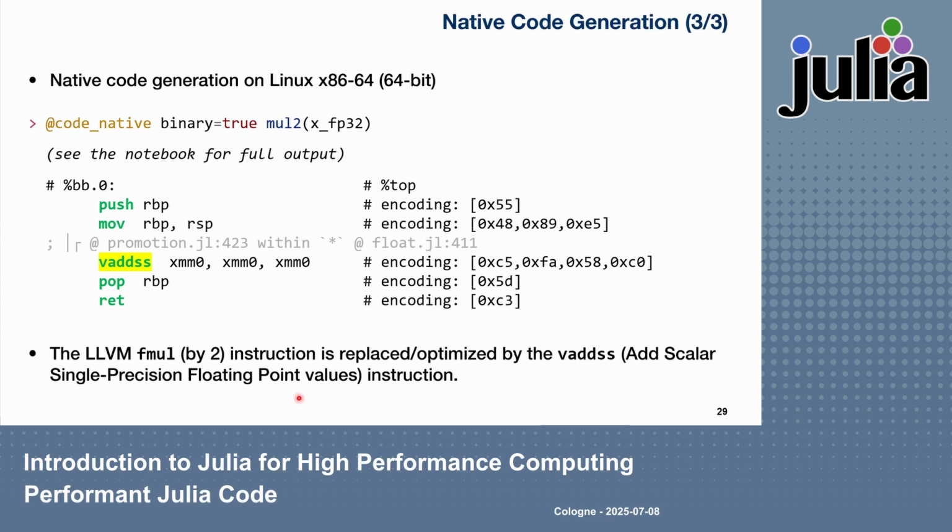The key is that if you are programming Julia at a high level, you are writing identical code, just 2 times x. But the compiler is really able to optimize your code down to the silicon, at the transistor instruction level. That is the key to why Julia code is very performant.